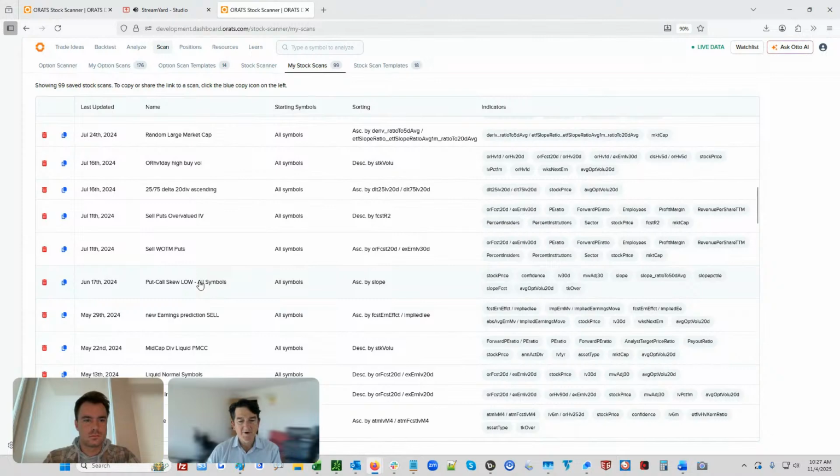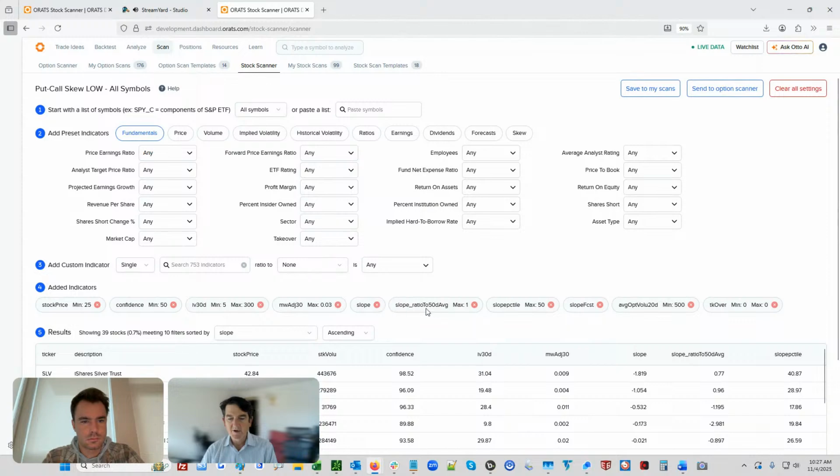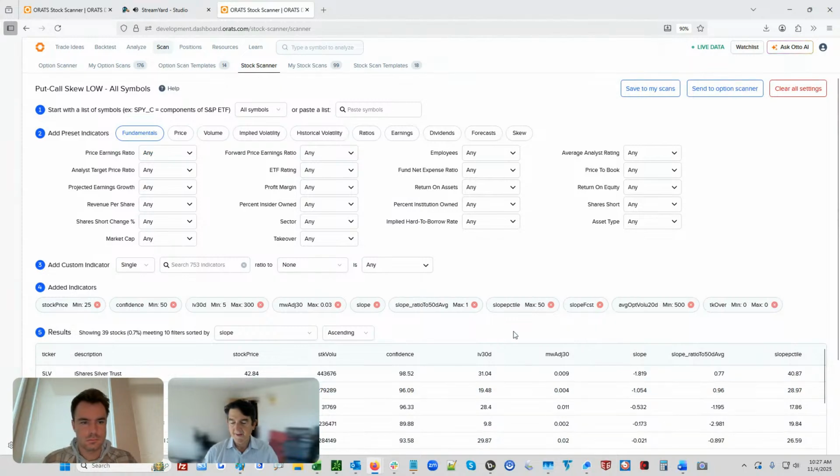Here's a put call skew that has a minimum stock price, high confidence, and volatility between a reasonable range. Now slope percentile, that's high. Slope forecast, slope ratio. These are slopes at a max of 50, so underneath that.